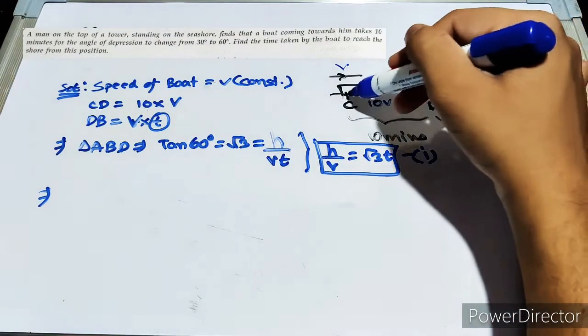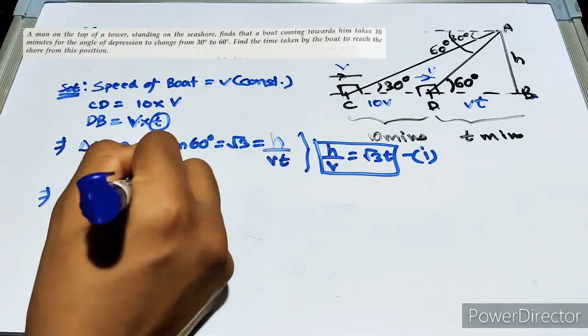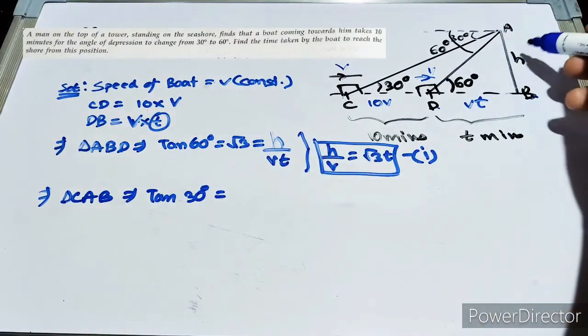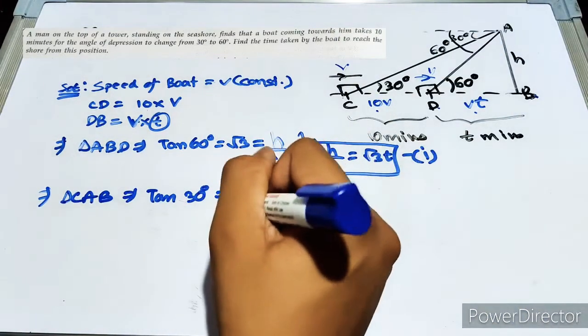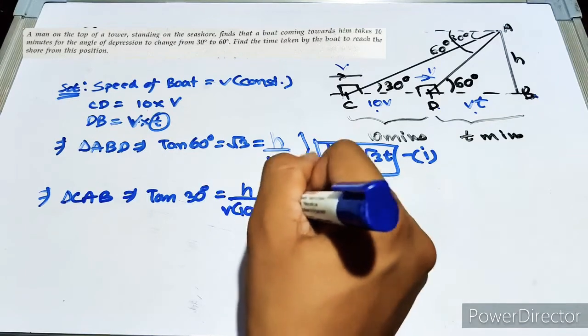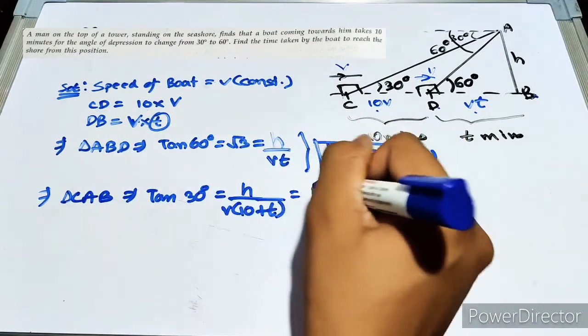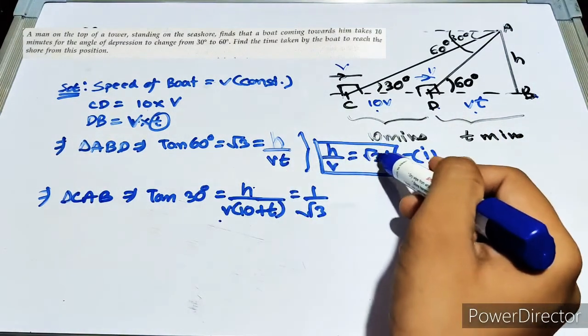And from the bigger triangle CAB, we can say that tan of 30 degree is equal to h upon 10v plus vt. H upon v times 10 plus t, taking v as common. Now tan 30 is equal to 1 upon root 3. Now we know that h upon v from the first equation is root 3 t.